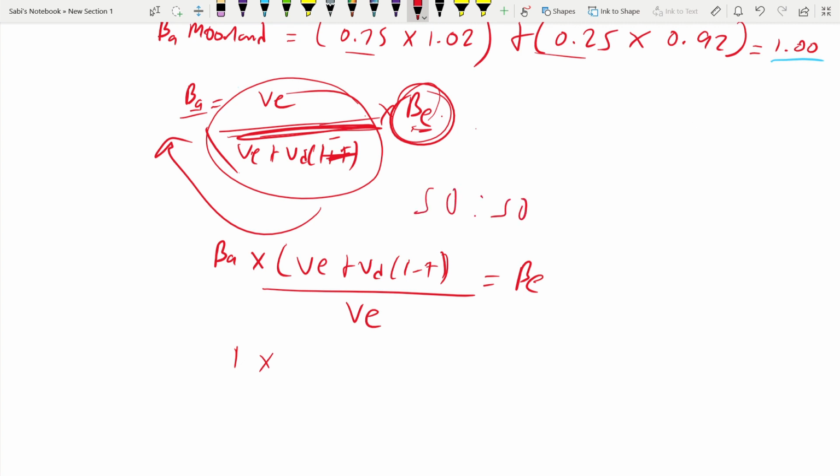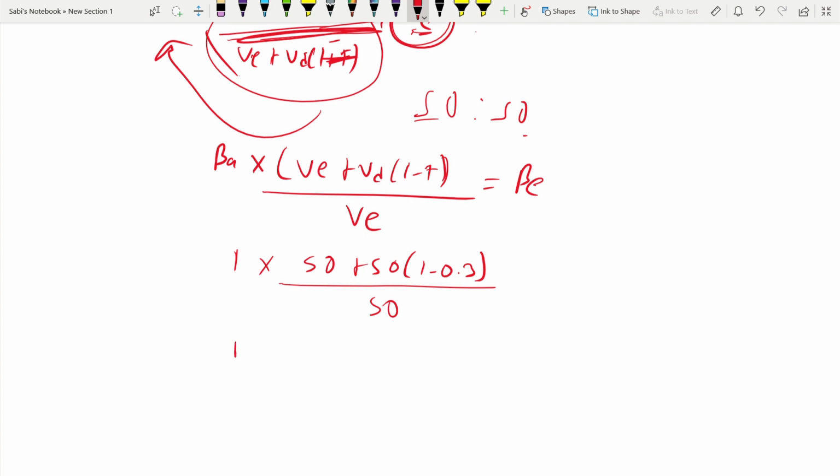Whatever the proportion of equity and debt was given separately for retail and manufacturing is not applicable anymore for the entire industry. So 50 equity plus 50 debt, 1 minus tax, 1 minus 0.3, divided by 50, multiplied by 1. Just do 50 into 0.7 plus 50, divide by 50.